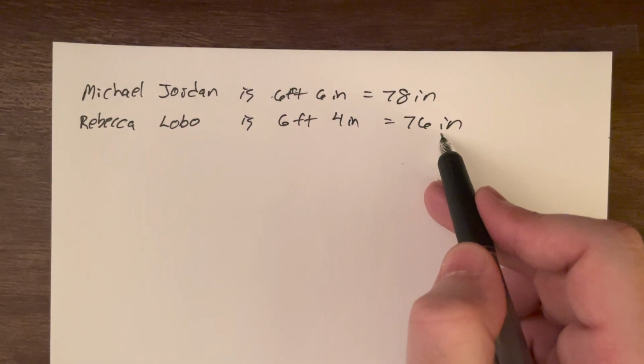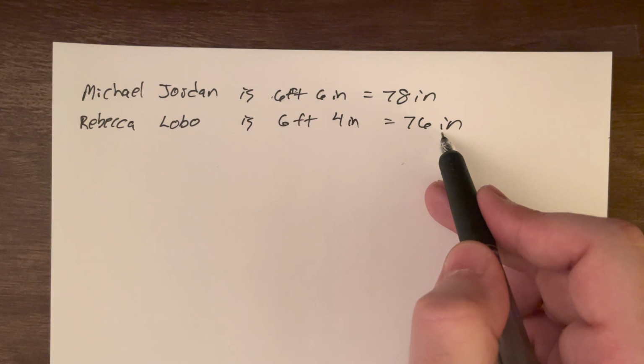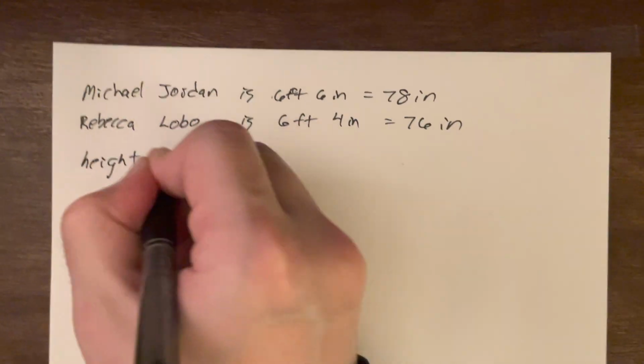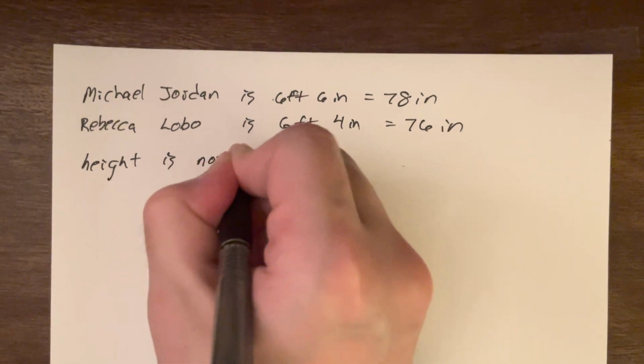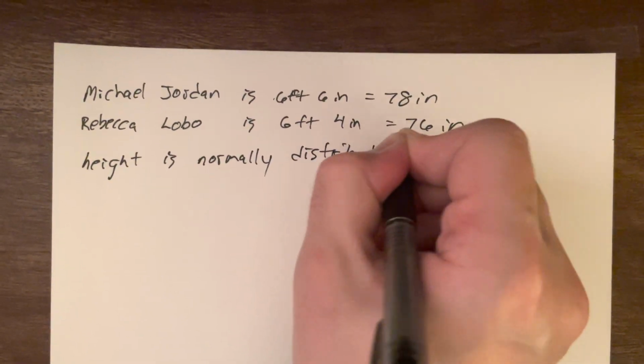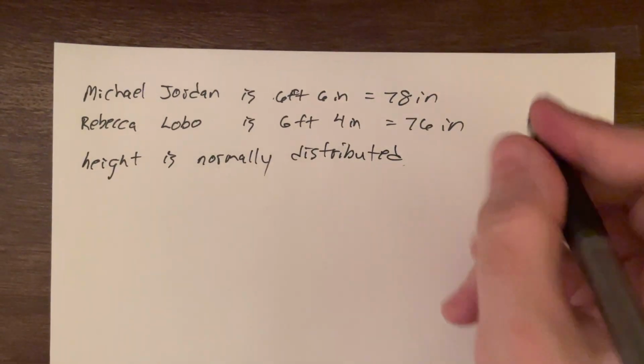But certainly if we recognize that men are taller in general compared to women, let's compare their heights with respect to their gender. So height is normally distributed. And these numbers are actually accurate, everybody.